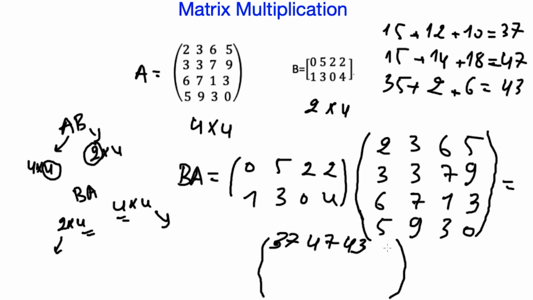And this entry here at its position is this row times this column, so it is 0 times 5 is 0, 5 times 9 which is 45, and 2 times 3 is 6, so it is plus 6, and 2 times 0 is 0, so it equals 51.